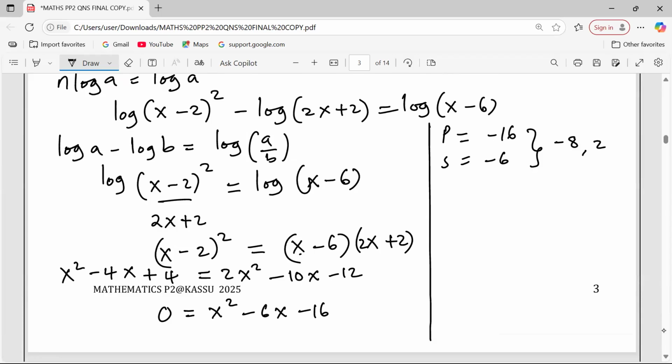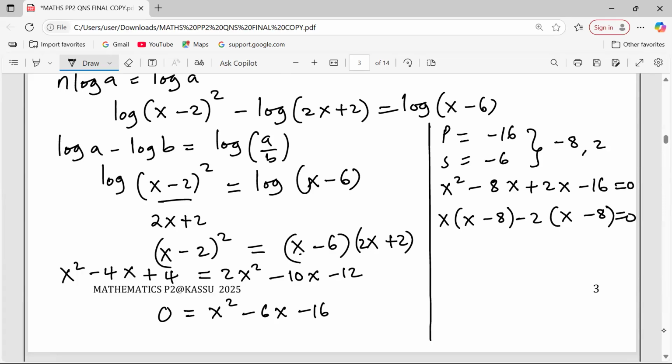Yeah, the product negative 16, the sum negative 6. So now we rewrite the equation such that x squared minus 8x plus 2x minus 16 equals 0. We factor out x to remain with x minus 8. We factor out 2 to remain with x minus 8 once again, equals 0.